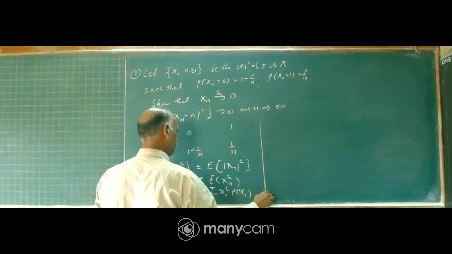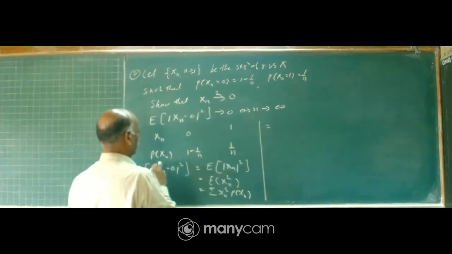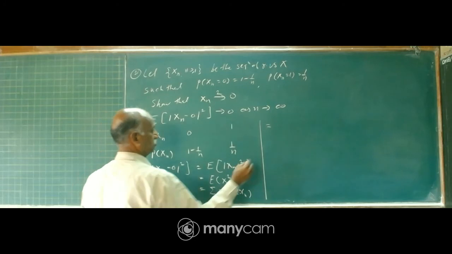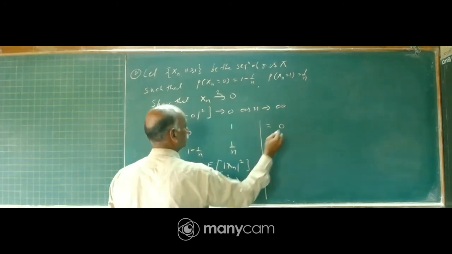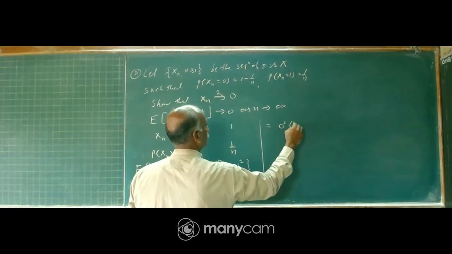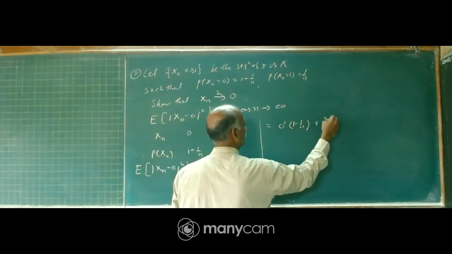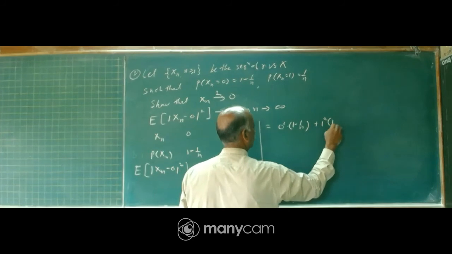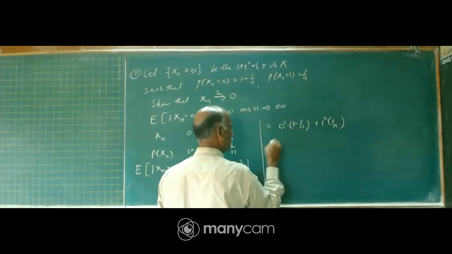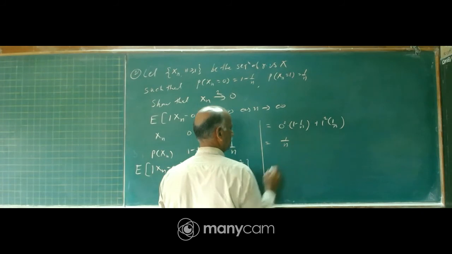That is 0 square into 1 minus 1 by n plus 1 square into 1 by n. The first term is 0, and only 1 by n remains.